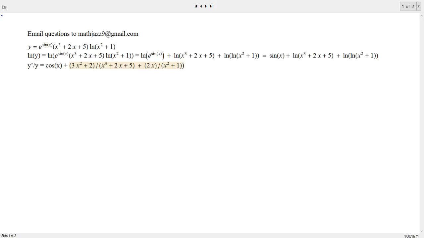And then this whole thing is divided by the natural log of x squared plus 1. Like so.